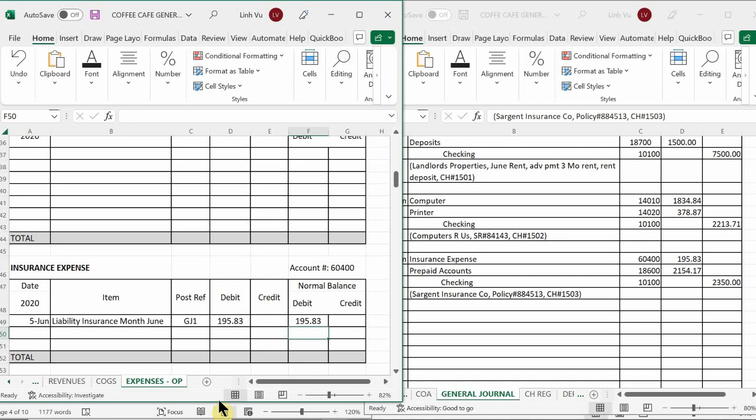Okay. So that was my expense account. So the next one I have here is a prepaid account.